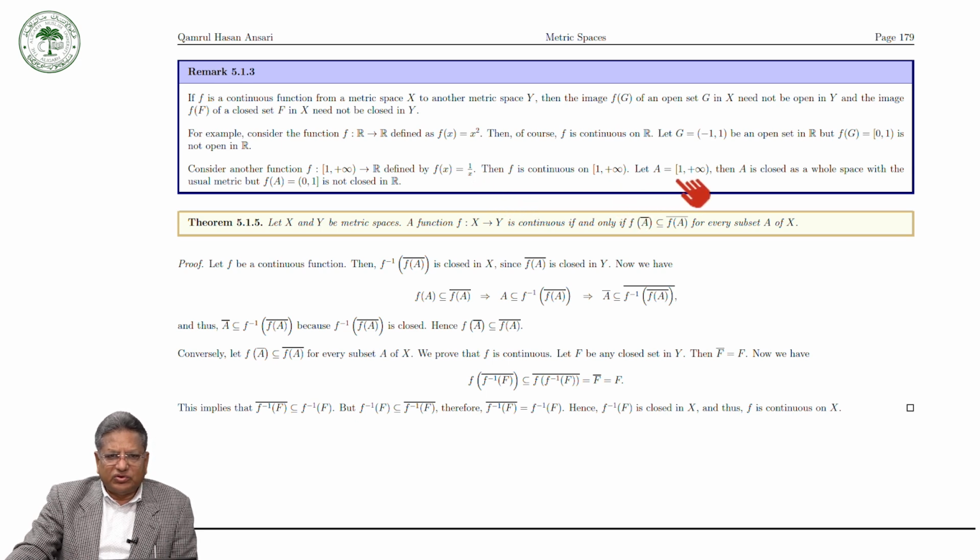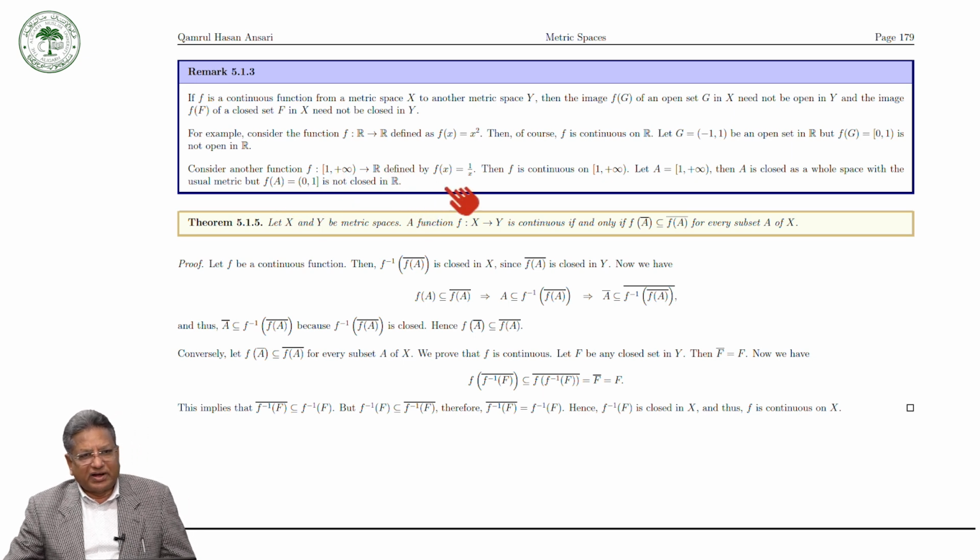Let us take A equal to the whole space, and as a whole space A is a closed set, but f of A is equal to the interval (0, 1], and this is not closed in R. So if the function is continuous, then the image of a closed set may not be closed.